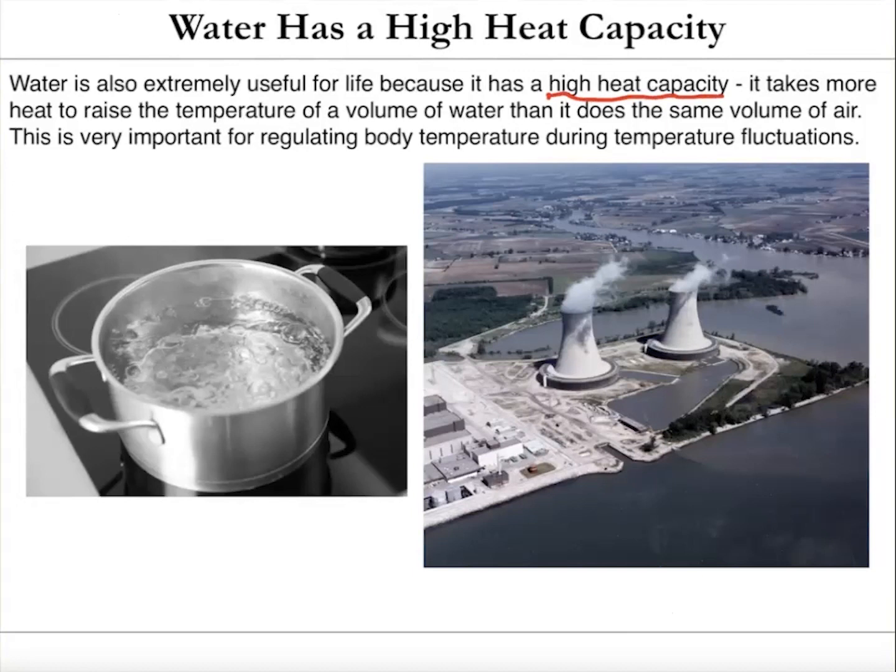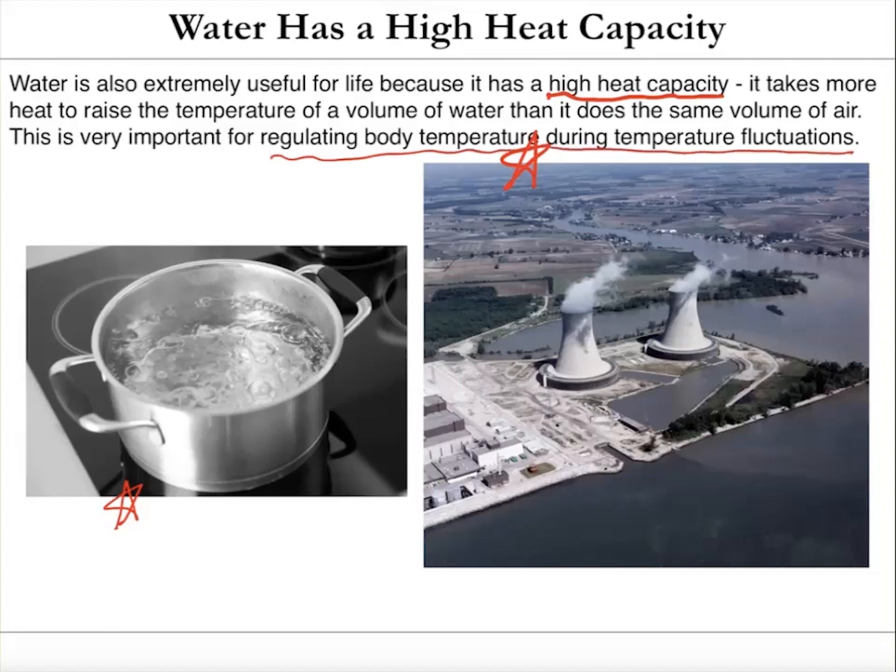That's why it takes so long and requires so much energy to boil water. And it's also why things like nuclear power plants are always built right next to a body of water, so that the water can absorb the extra heat that's generated by the nuclear power. So this is also really important for regulating your body temperature during temperature fluctuations.